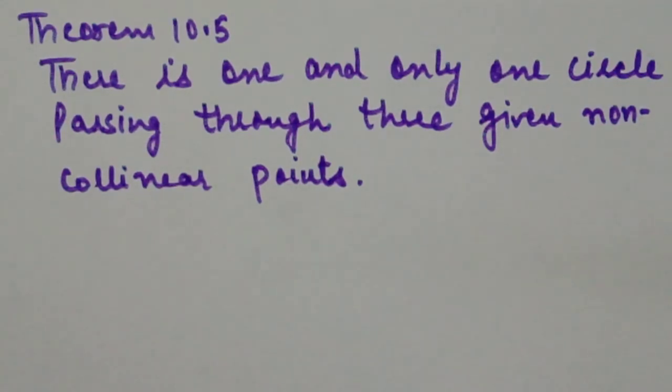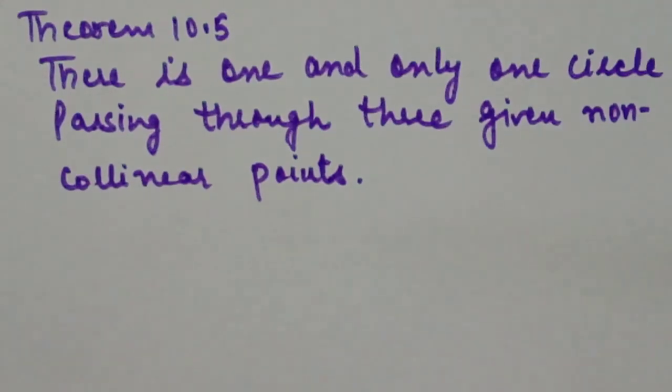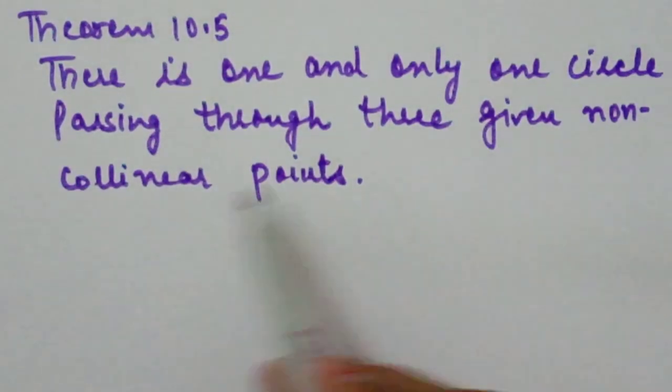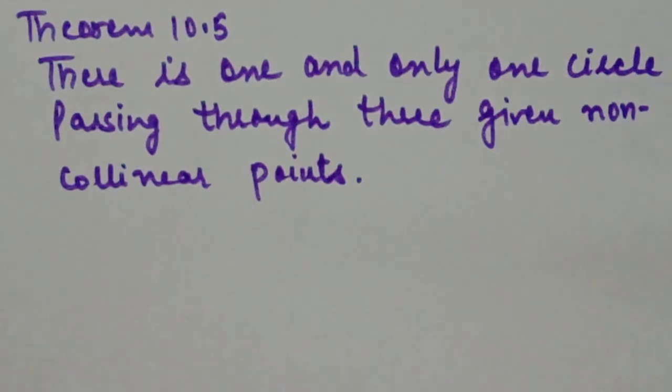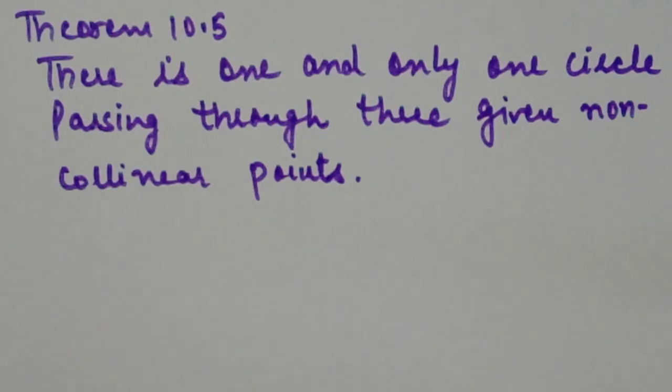Now the question is, how can we say that there is only one circle which is passing through the three given non-collinear points? So students, there is not any other proof for this. We have to do a small construction for proving this theorem.